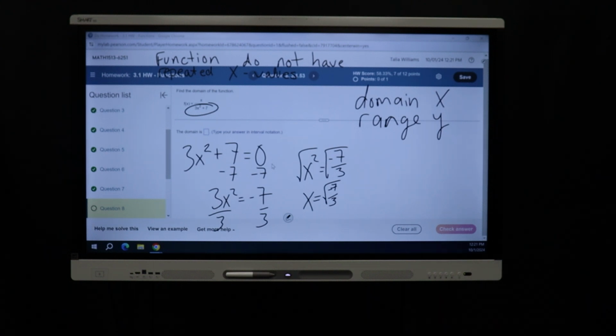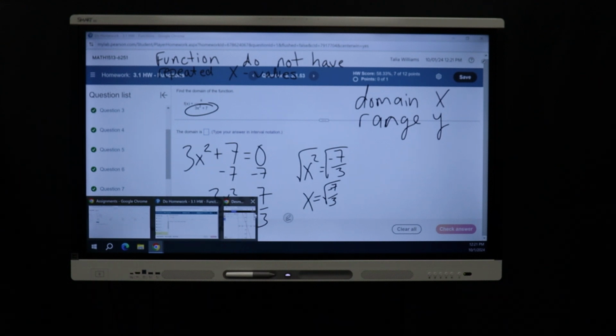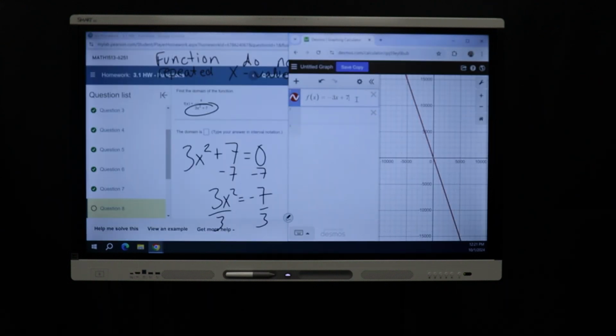Let's go ahead and pull up our graph and double check. So right here we're going to have f of x equals x divided by 3x squared plus 7.